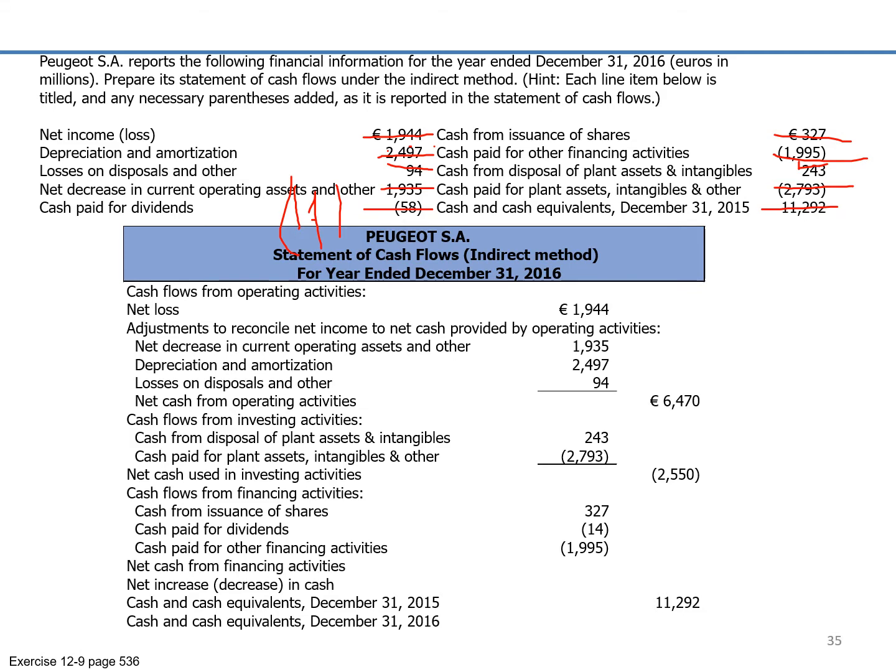Cash flow from financing activities, sum up your $327, your negative $14, and your negative $1,995. That's $1,682. The sum of all of those is your net increase or decrease in cash. In this case, it's $2,238. Plus your cash at December 31st, 15 that they tell us means we have ending cash and cash equivalents of $13,530.